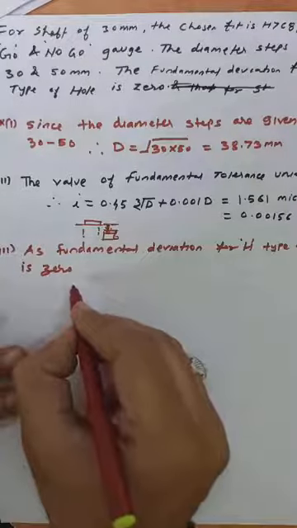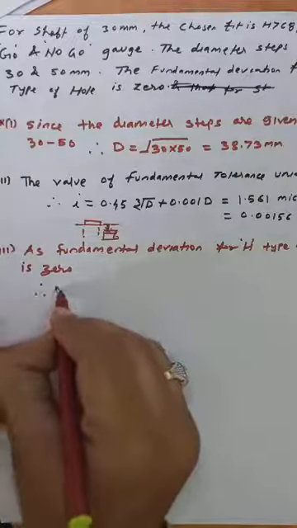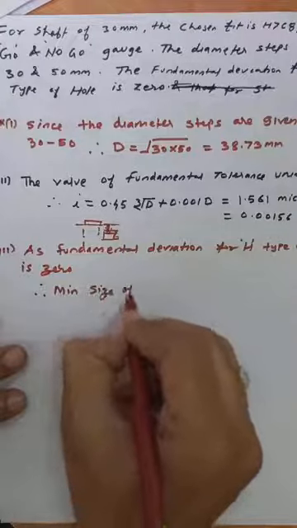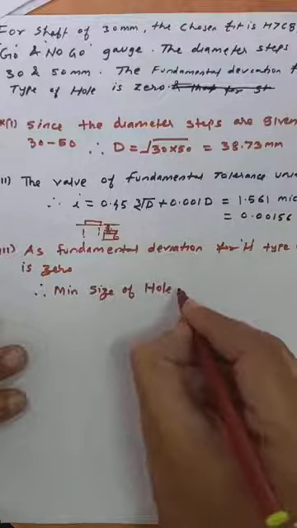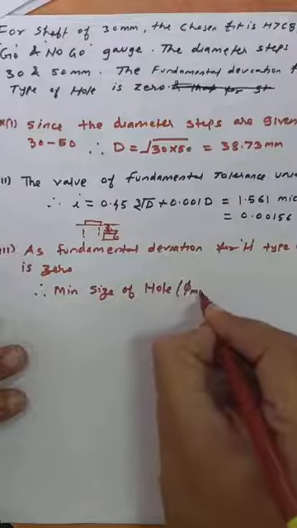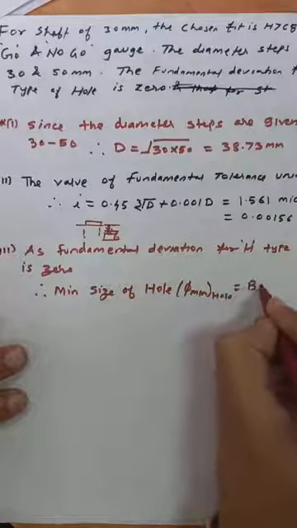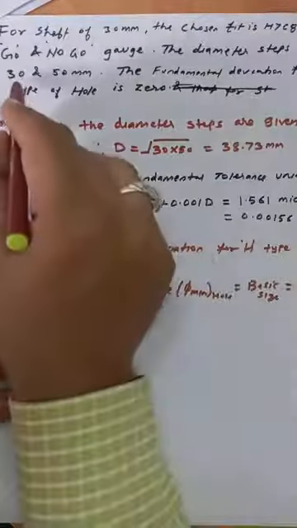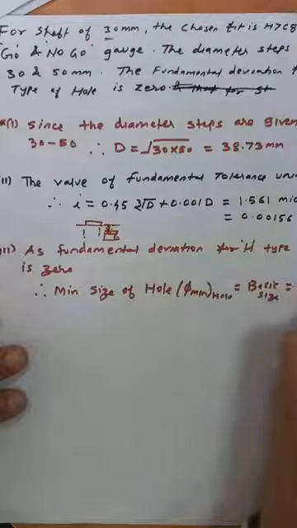So for hole it is 0. Therefore the minimum size of hole, that is phi minimum for hole, is equal to the basic size. In this case the basic size is 30 mm, so it comes to be 30 mm.